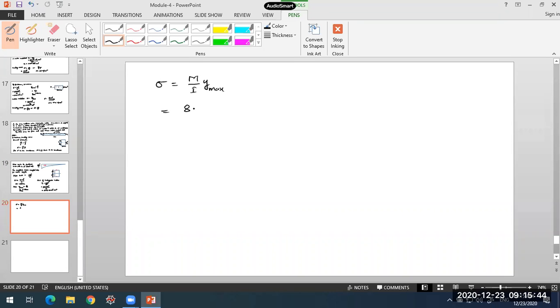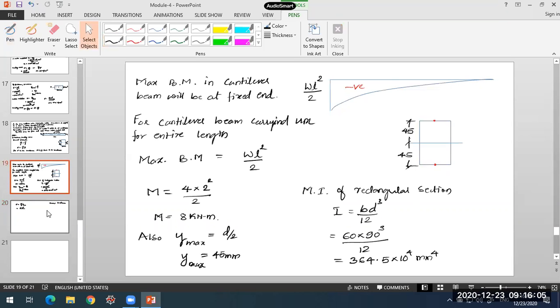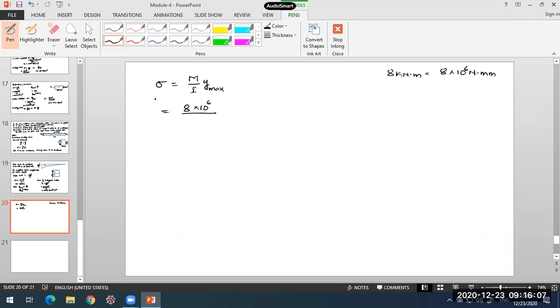Bending moment was 8 kilonewton meter; converted to Newton mm, it will be 8 into 10 raised to 6 Newton mm. So 8 into 10 raised to 6 divided by the I value we got, 364.5 into 10 raised to 4, into the extreme fiber distance, which is 45 mm, d by 2, 90 by 2.